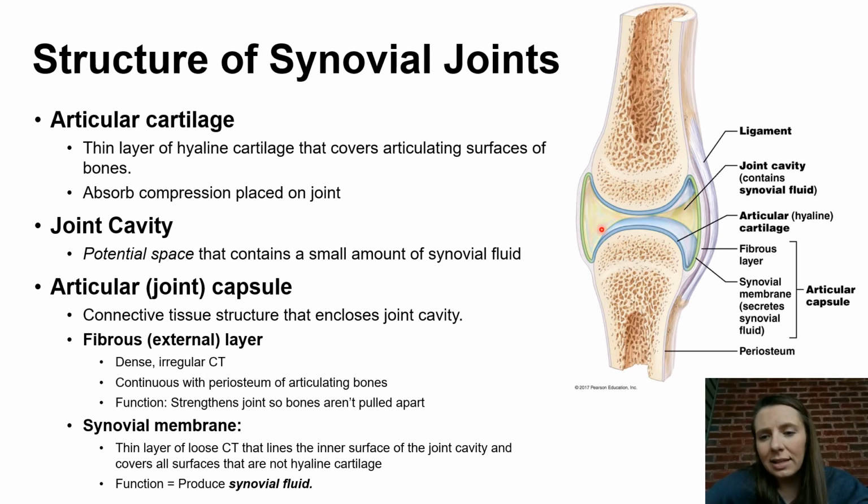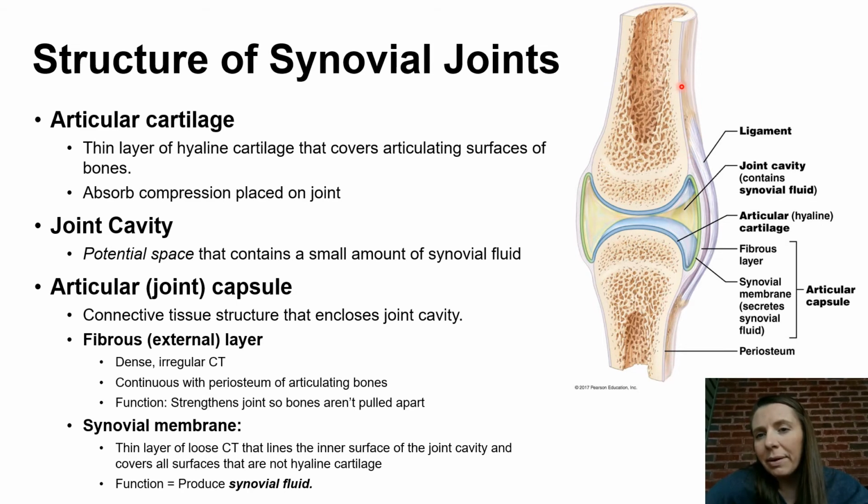And then the next structure we refer to as the articular capsule or the joint capsule. Essentially, it's the connective tissue structure that's going to enclose this cavity. It has a couple different layers. First and foremost is the fibrous layer, or the external layer. The fibrous layer would be this white layer, and it's dense irregular connective tissue that is continuous and derived from the periosteum of the two bones that are articulating.